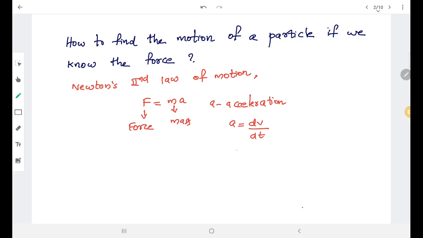And the relation between velocity and position is, velocity is the derivative of position. So knowing the velocity, integrating the velocity, we will get r. So in this way, we obtain the position of the particle. This is the ultimate aim: we need to find the position or motion of a particle if we know the force.